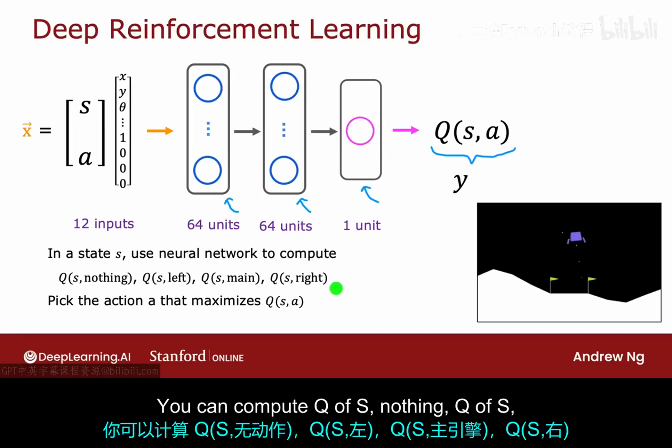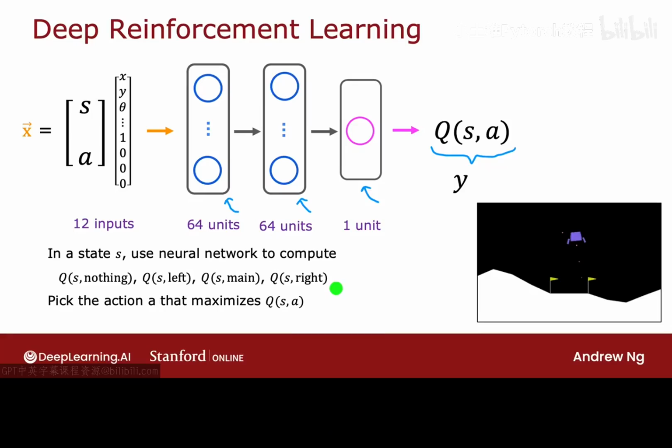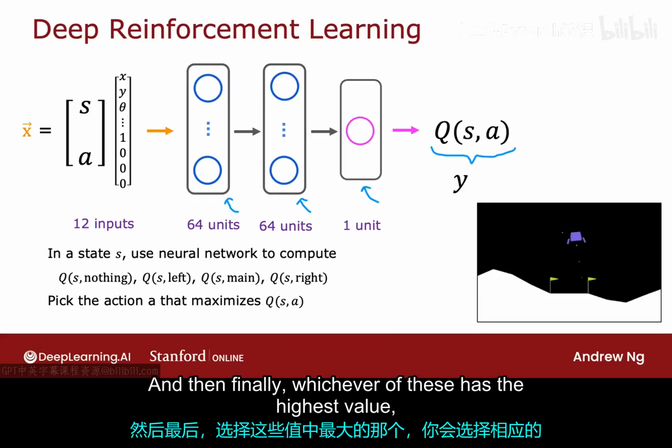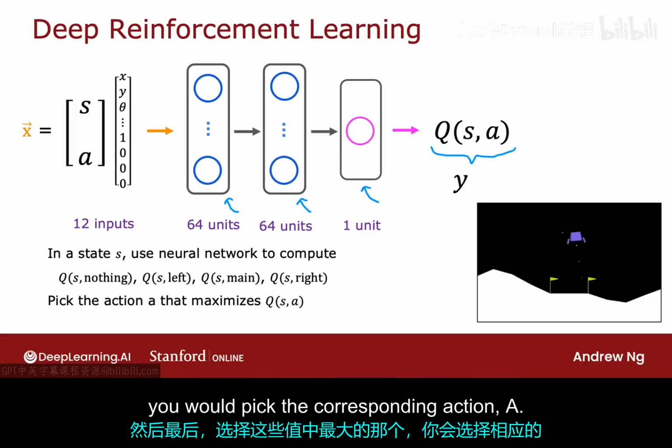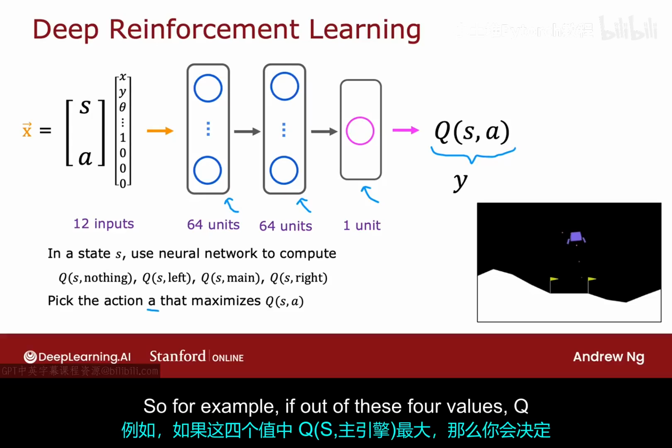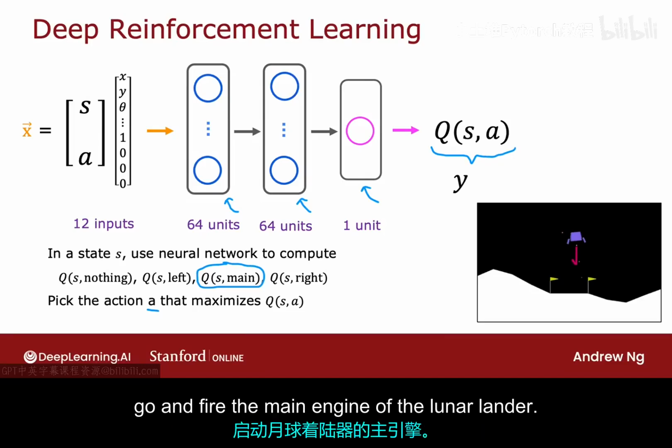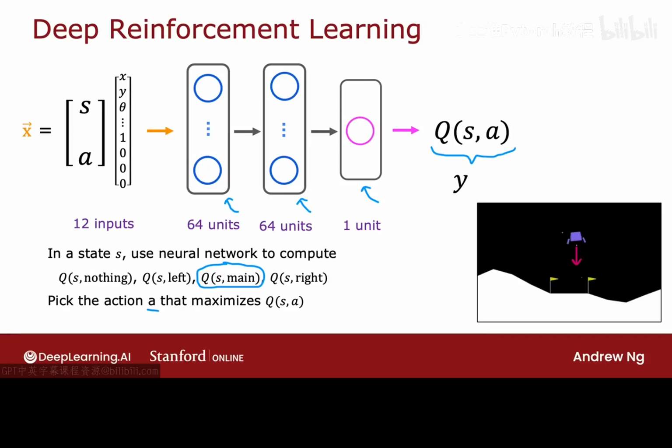So you can compute Q(s, nothing), Q(s, left), Q(s, main), Q(s, right). And then finally, whichever of these has the highest value, you would pick the corresponding action a. So for example, if out of these 4 values, Q(s, main) is largest, then you would decide to fire the main engine of the lunar lander.